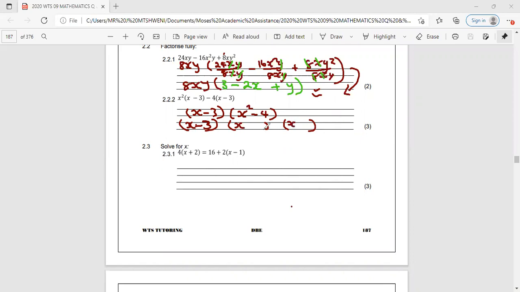You share the x's. Then you square root the 4. When you take the square root of 4, you'll get a 2. Since it's minus, it will be plus here and minus here. We are done. That topic alone. We are done. Then you get full marks. It's 3 marks. I assume that this will be 1, then this will be 2.